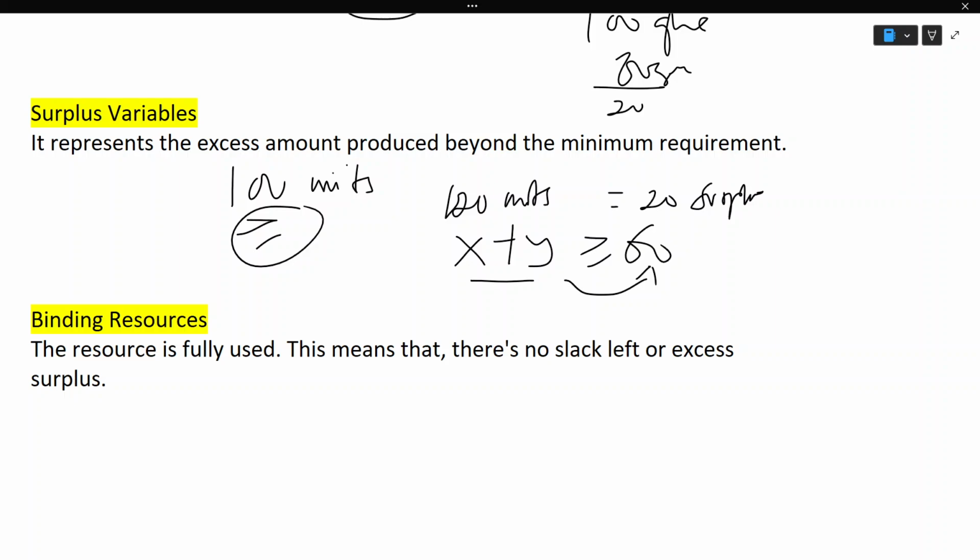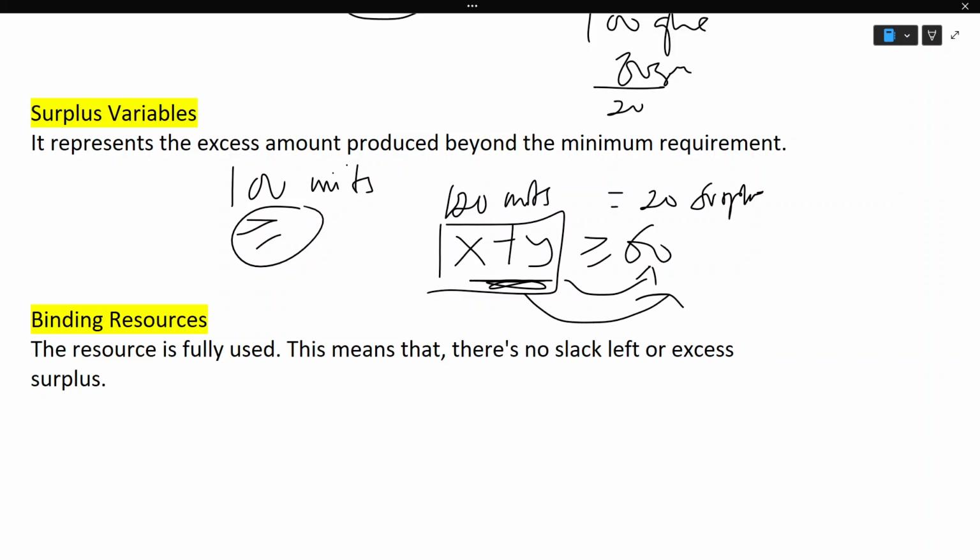Now, to convert it to an equality, we have to subtract something positive from the left hand side of the equation, so it equals the right hand side.